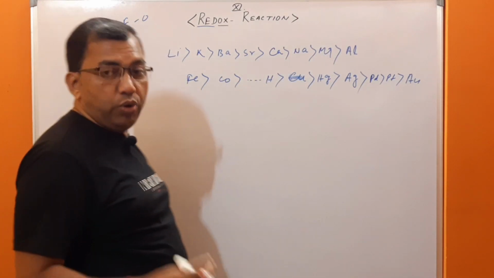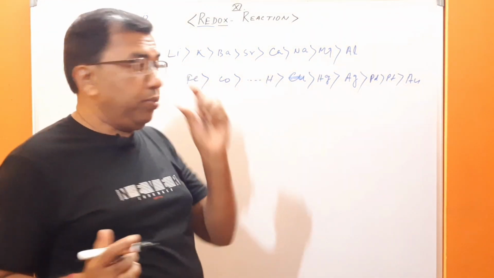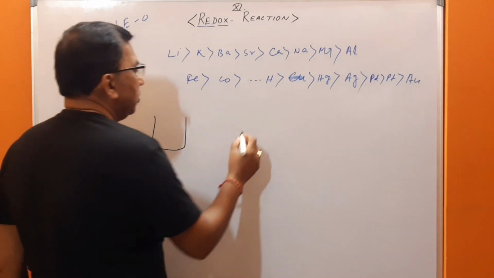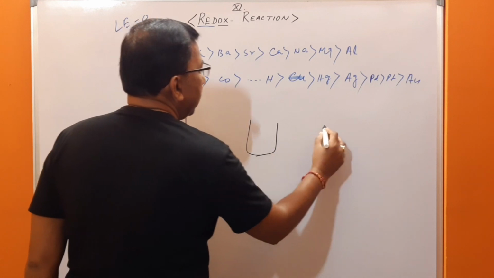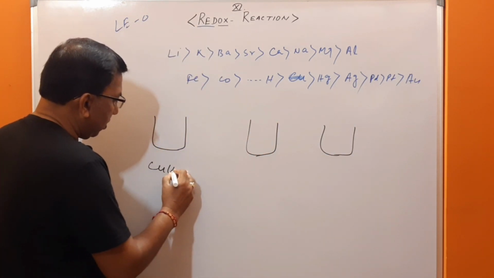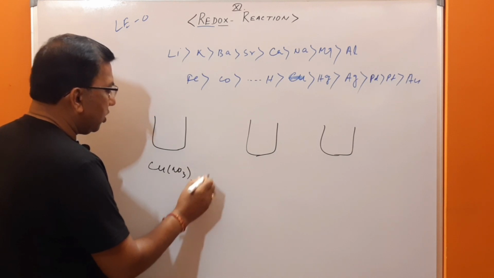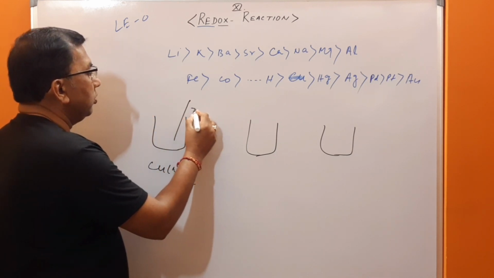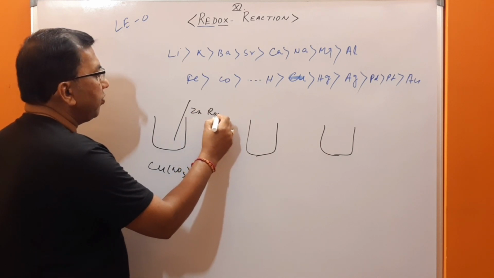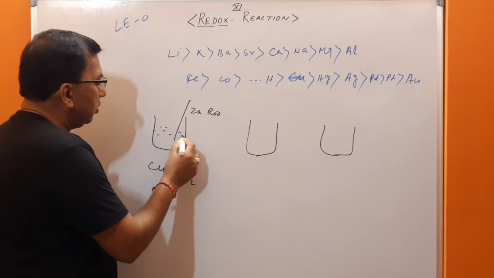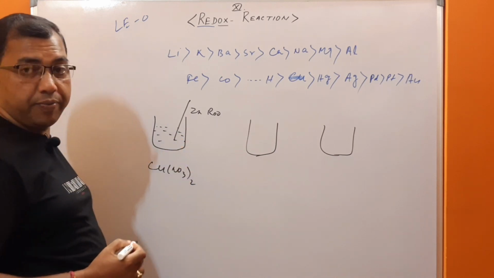As an example, suppose this is the solution. This is the copper nitrate solution, and a zinc rod is kept in it.